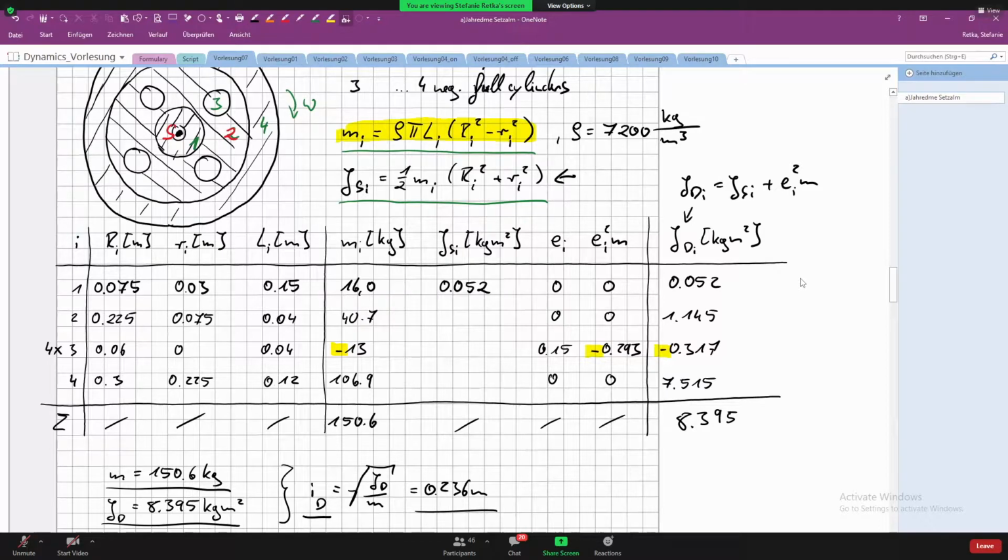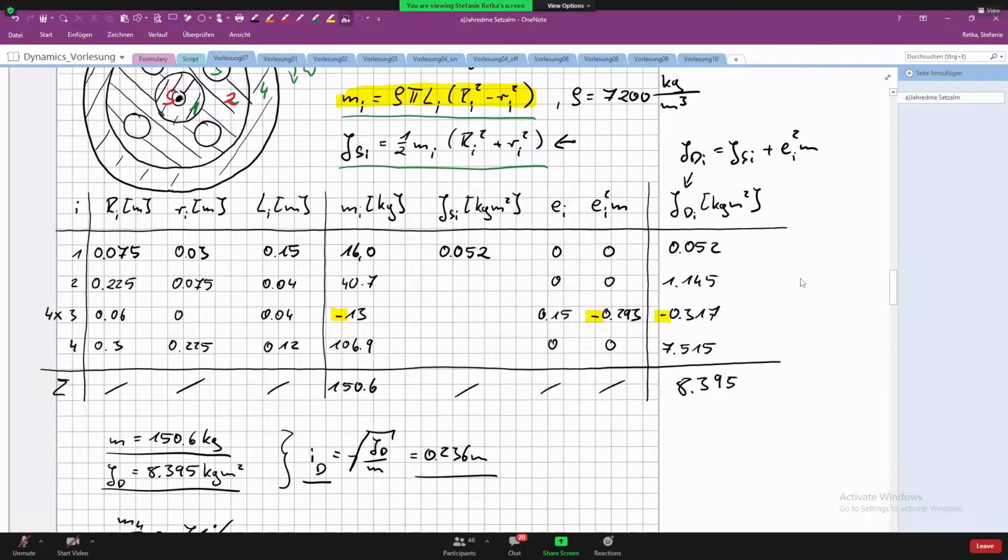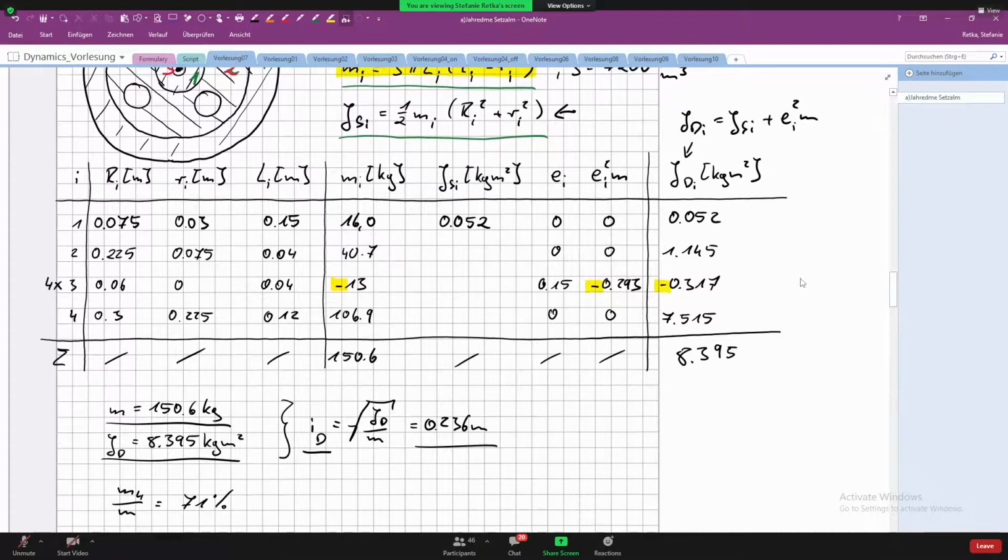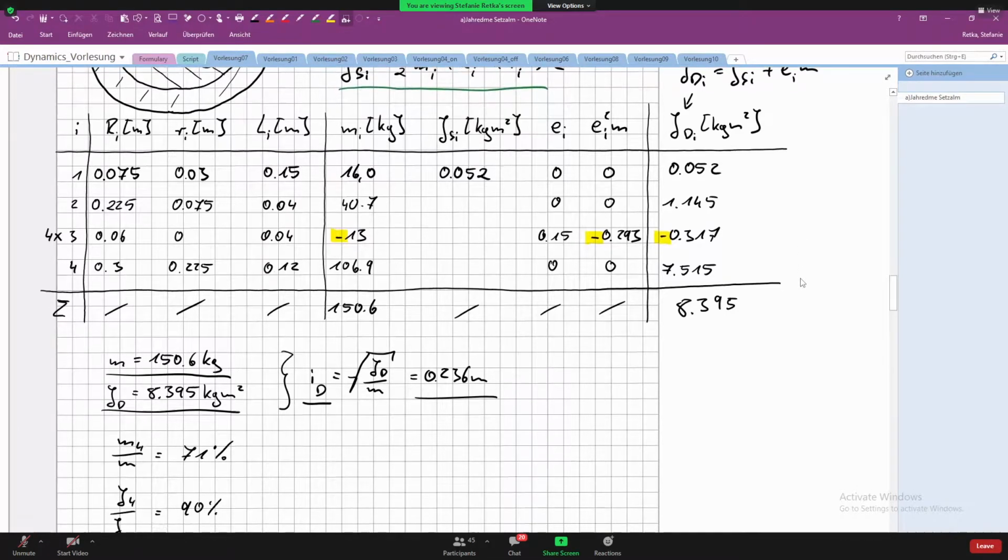So we simply compare mass and mass moment of inertia of our subsystem number 4 to the complete total mass and total mass moment of inertia. It's 71% in case of the mass and 90% in case of the mass moment of inertia.